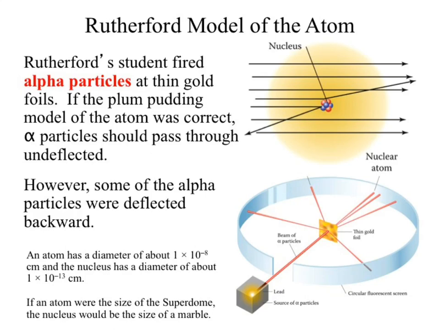So if we take a look at some kind of scale ideas with our nucleus, an atom has a diameter of about 10 to the minus 8. The nucleus has a diameter of 10 to the minus 13. Minus 8, minus 13, that's 8 and 13. It's only, what, 5 units difference? That's not a big deal.